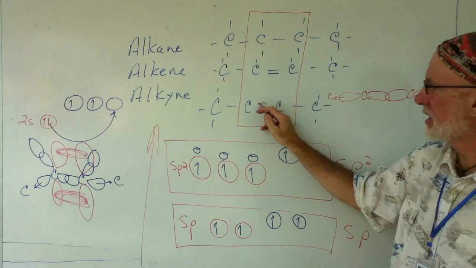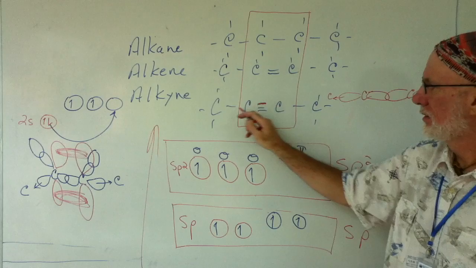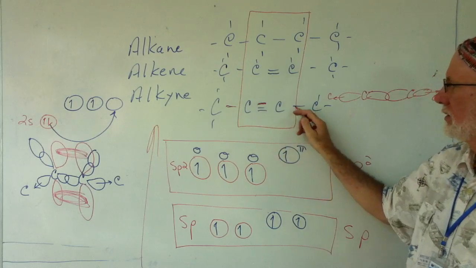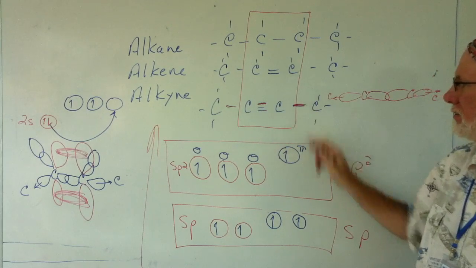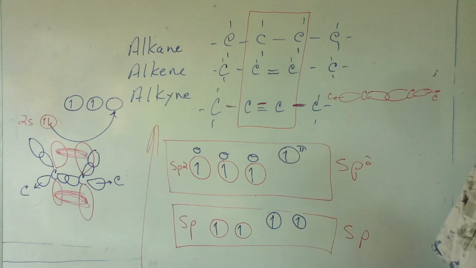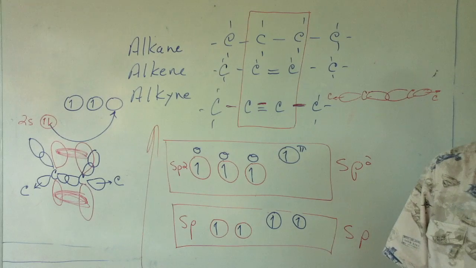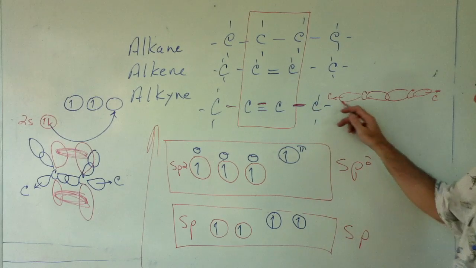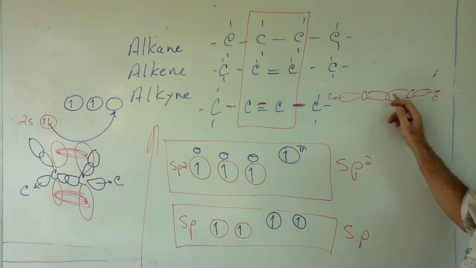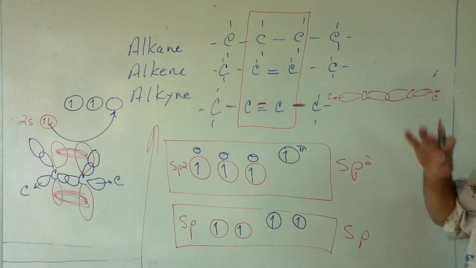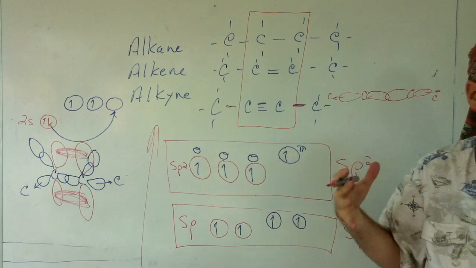So this is a sigma bond, that's a sigma bond, that's a sigma bond. So this is going to a carbon, this is going to a carbon, this is attaching to 2 carbons. Now we have 2 pi bonds.